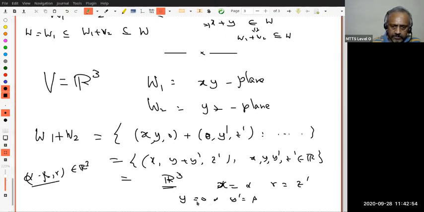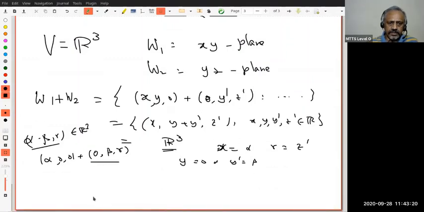So you are through. You follow that? So you can write it as (alpha, 0, 0) plus (0, beta, gamma). It can be the other way around also. Let me not worry about that.